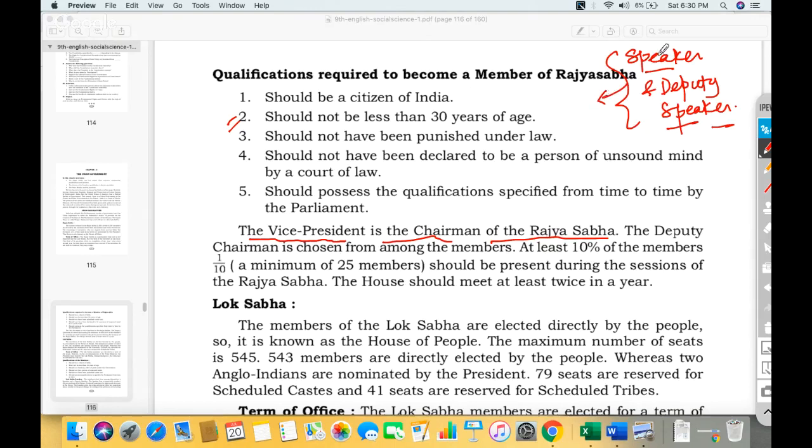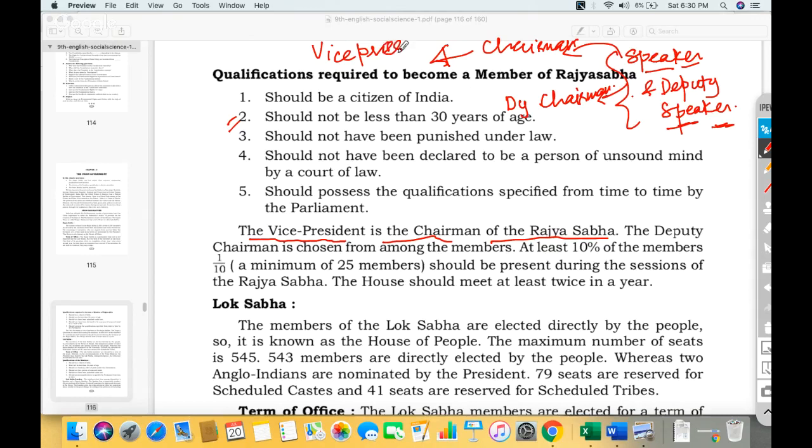Like in Lok Sabha, they are called speaker and deputy speaker. In Rajya Sabha, speaker is called chairman, and deputy speaker is called deputy chairman. And this post of chairman is fixed for vice president of India.